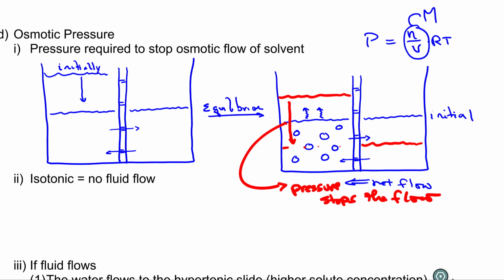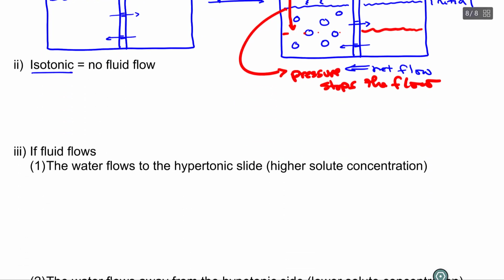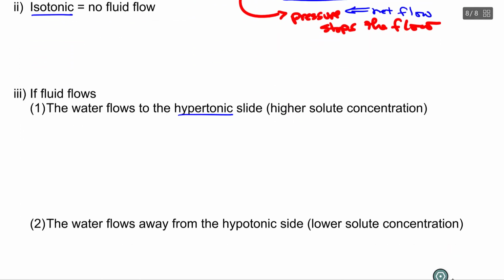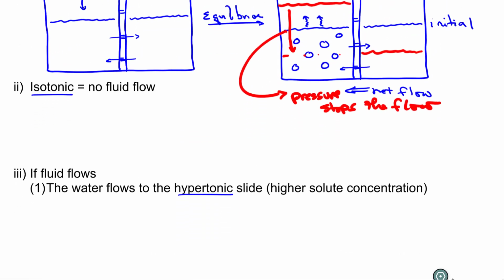Okay, so a couple of terms that are important here. We have isotonic, hypertonic, and hypotonic. In this scenario, this was the hypertonic side on the left, and this side is the hypotonic.